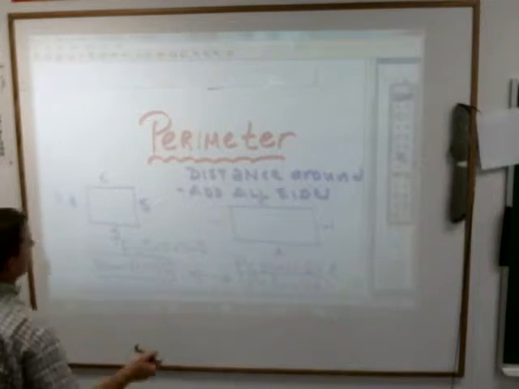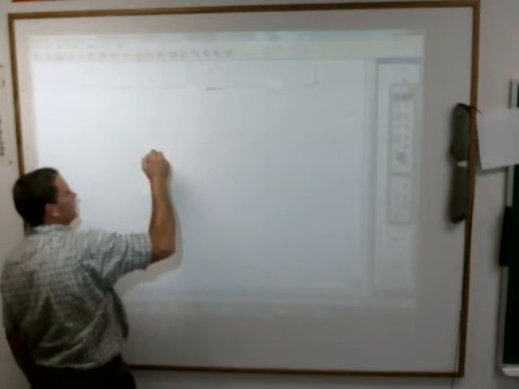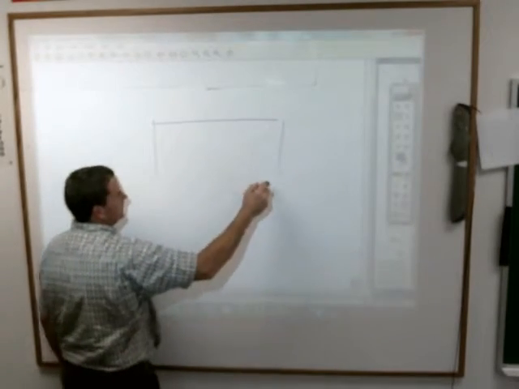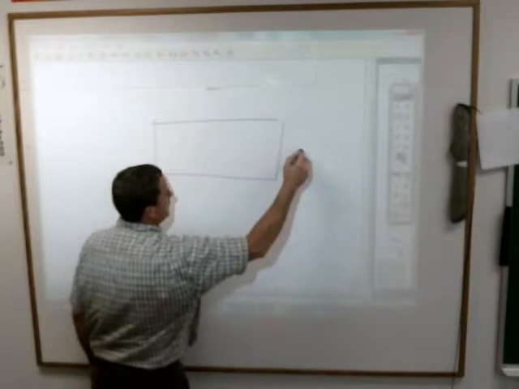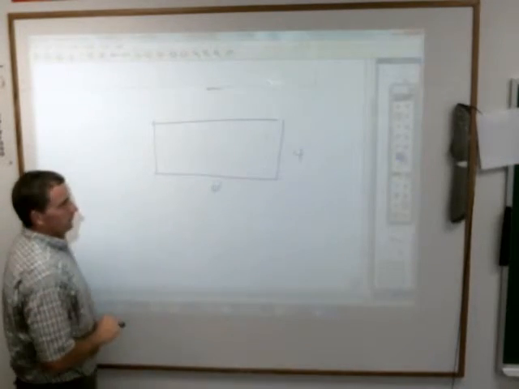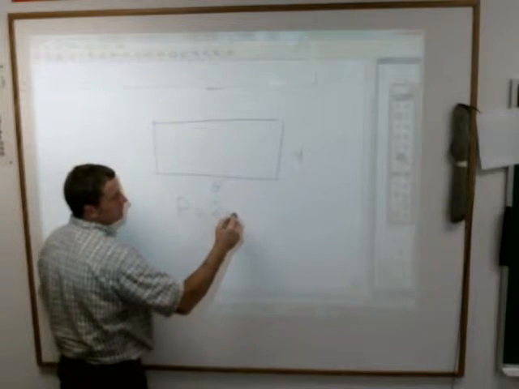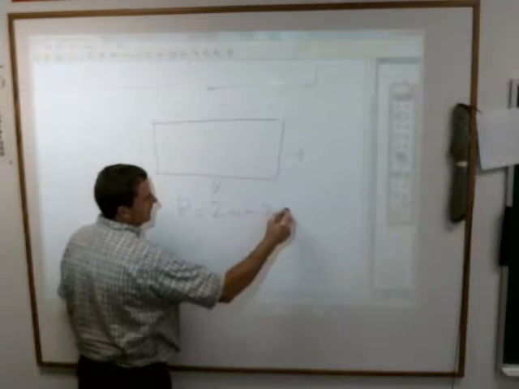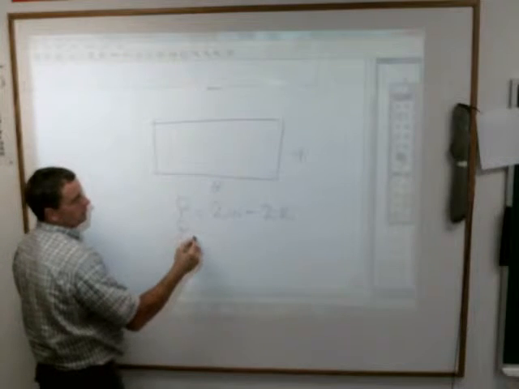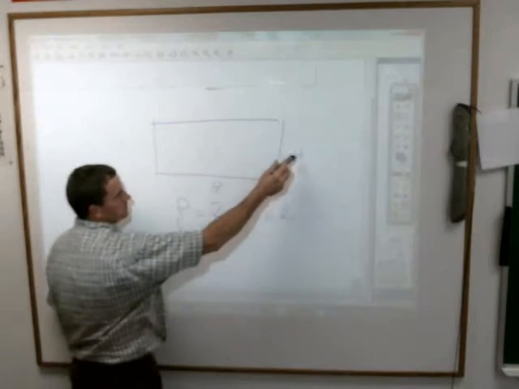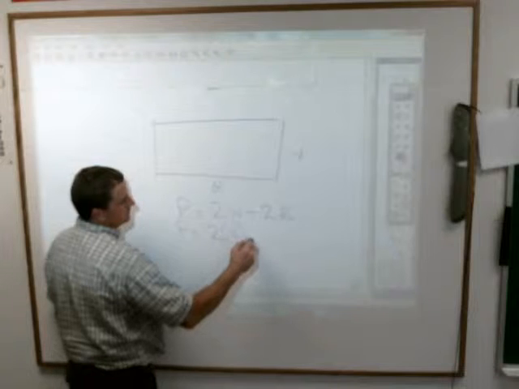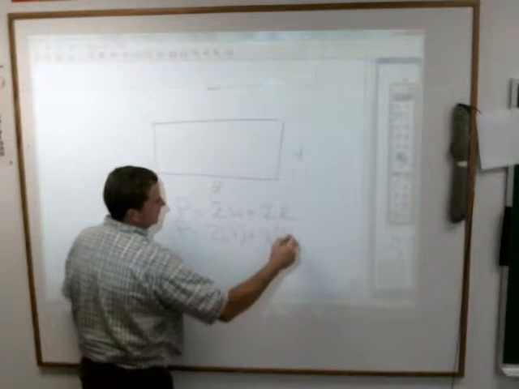So just doing one, let's say I've got a rectangle that is 4 by 8. If you ask for the perimeter of it, and you use the formula, 2 times W plus 2 times L, perimeter is going to equal 2 times 4 plus 2 times 8.